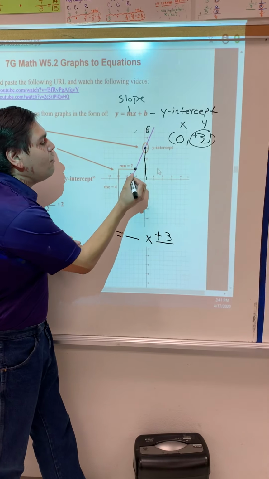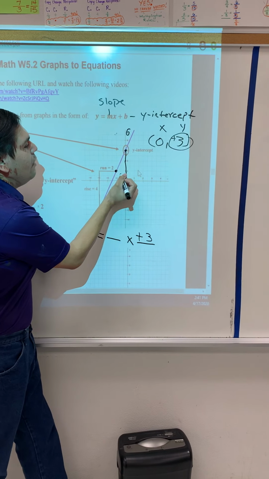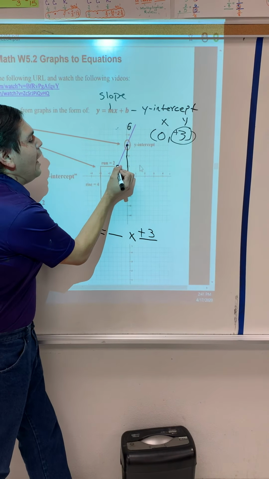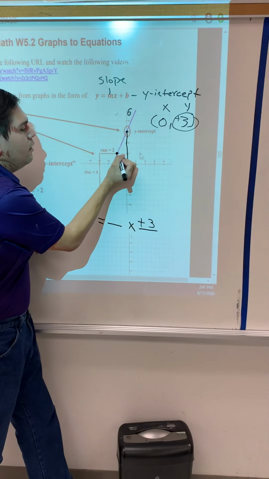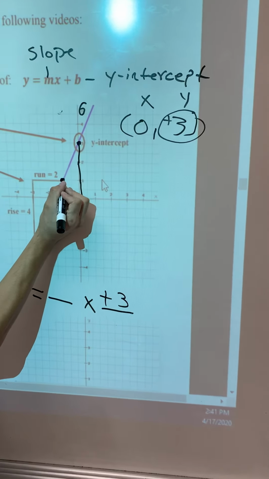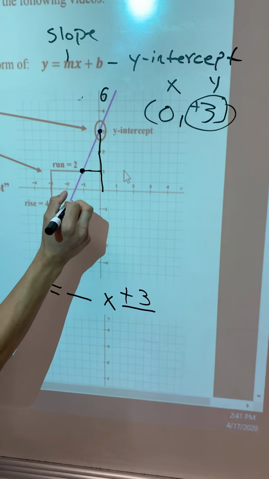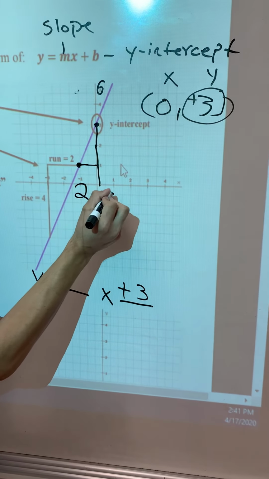So, I'm going to start from this point right here. In order for me to get to this point, I'm going to move left or right first. You can move up or down, but I'm moving left and right. From this point, I moved 2 units to the right.